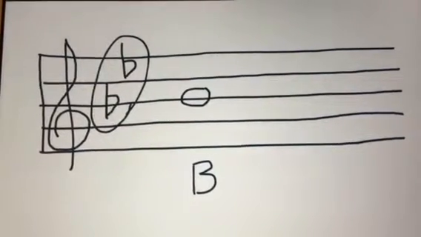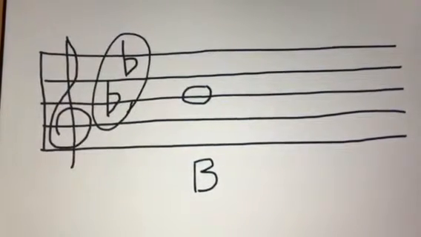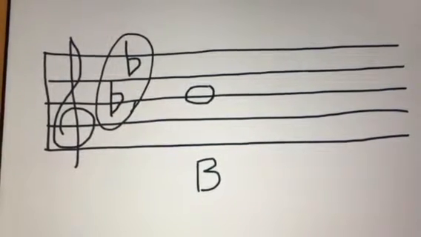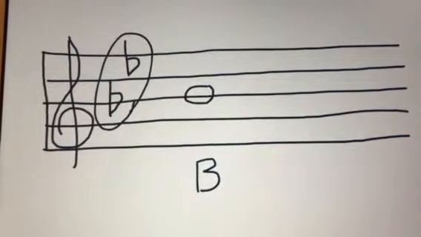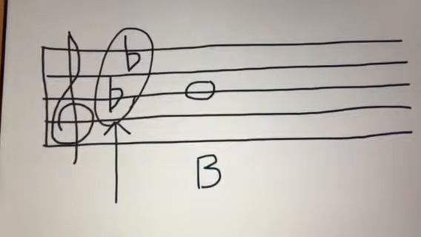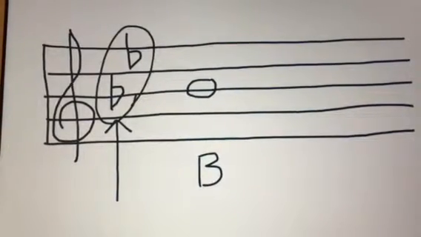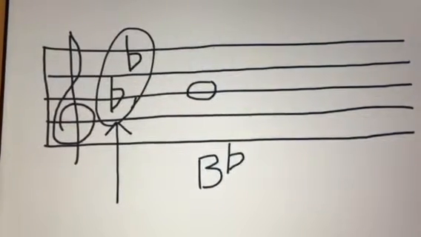When I determine that do is the letter name B, I look at the key signature to see if there are any flats or sharps named B. In this case, there is a flat named B. When that happens, the letter name of do now has to add the flat to it, making it the key of B flat major.